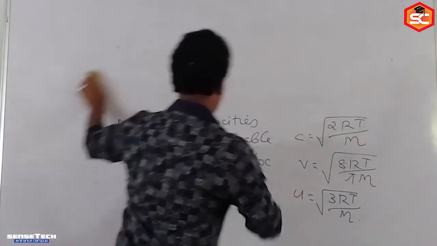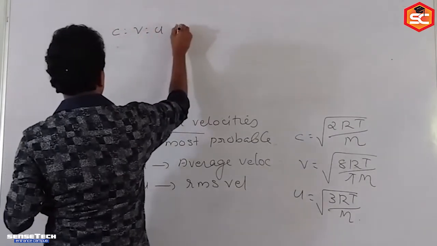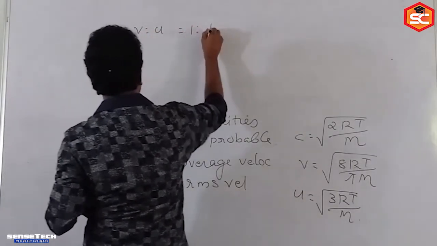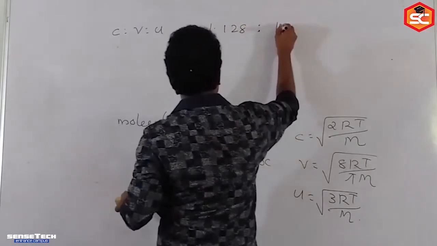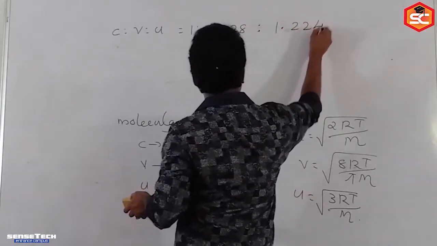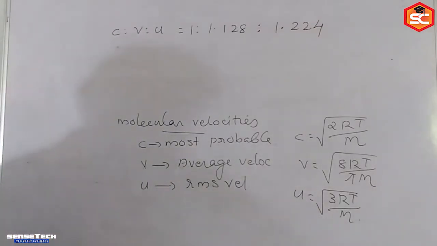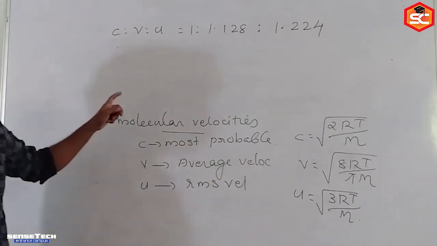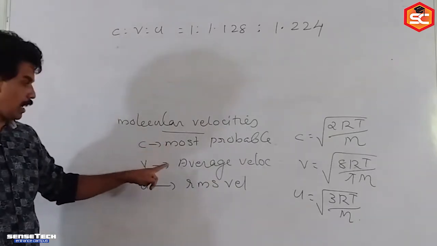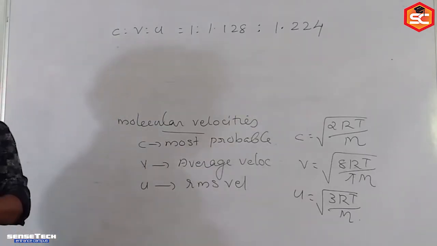Then the relation between them: when you take the ratio, C is to V is to U is equal to 1 is to 1.128 is to 1.224. This is the relation between C, V and U, the three different types of molecular velocities: most probable velocity, average velocity and RMS velocity.